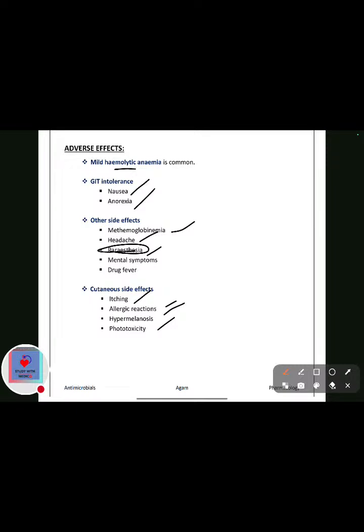Mild hemolytic anemia is there, and methemoglobinemia is there in these patients. That is like blue baby syndrome. Less oxygen is delivered to the tissues, right?